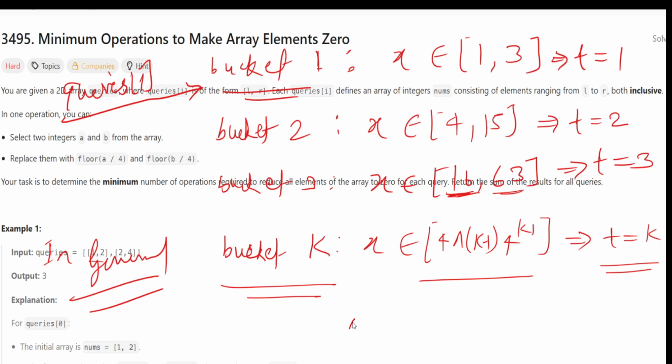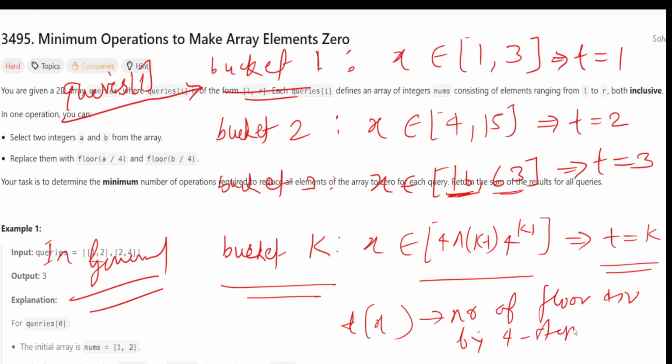It means we have a function t that takes x, and we iterate through the buckets of numbers. t is a function that takes x and gives the number of floor divisions by 4 needed to reach 0.